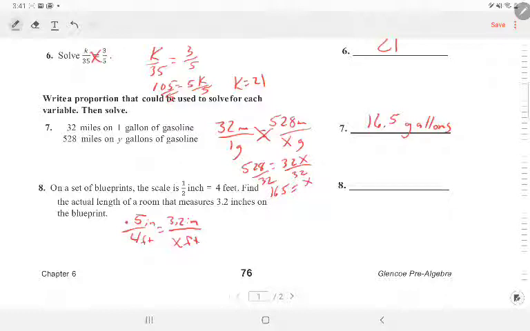We cross multiply, and we end up with 12.8 equals 0.5x. Divide both sides by 0.5, and x equals 25.6. So it would be 25.6 feet.